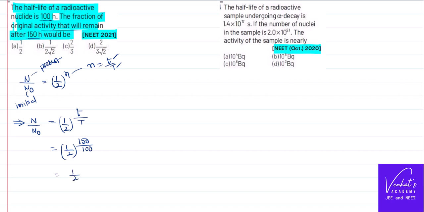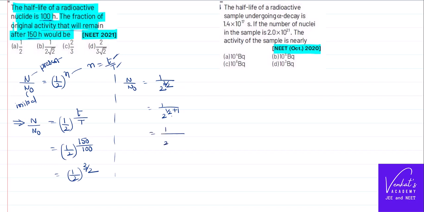That is 1 by 2 power of 3 by 2. Then the answer, N by N0, is 1 by 2 power of 3 by 2. I can write 2 power of 3 by 2 as 2 power of 1 by 2 plus 1, because 1 by 2 plus 1 is 3 by 2.